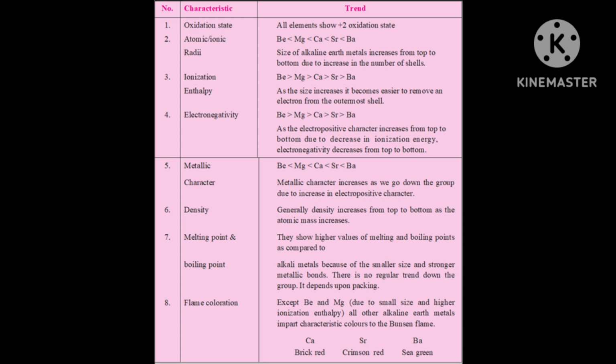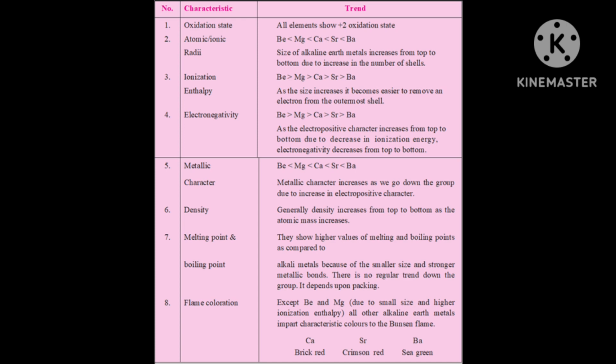Beryllium is highest, and the reason is different because size is small, they are close to the nucleus, but here it is increasing, that is due to the increased size, because many orbits will be there, okay. Then here it will require more energy.